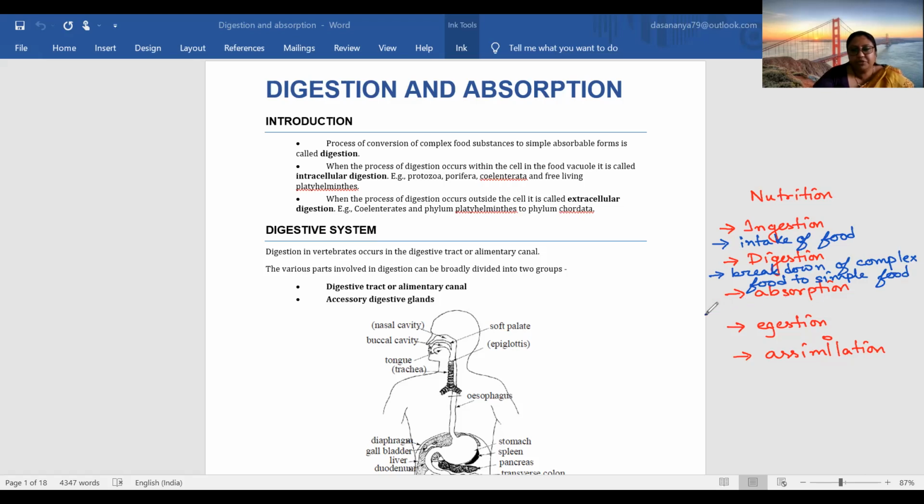In case of absorption, it means the uptake of digested food.